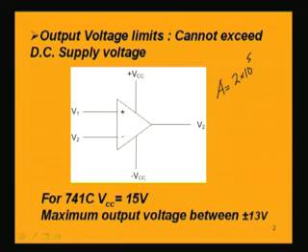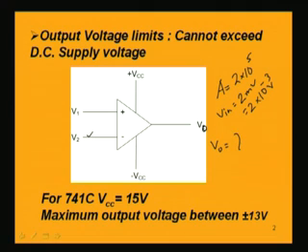Now suppose we want to amplify a signal which is say 2 millivolt. The signal given at the input is 2 millivolt, that means 2 into 10 to the power minus 3 volt, and suppose it is an inverting connection we are using. Now, with this voltage given at the inverting terminal, 2 into 10 to the power minus 3 volt, what will be the output voltage V naught?